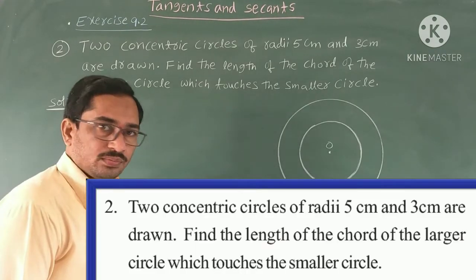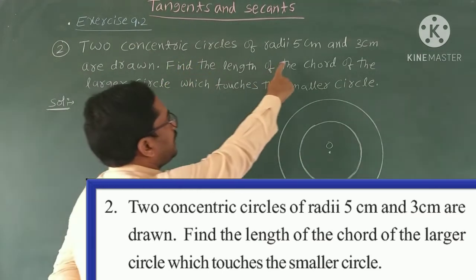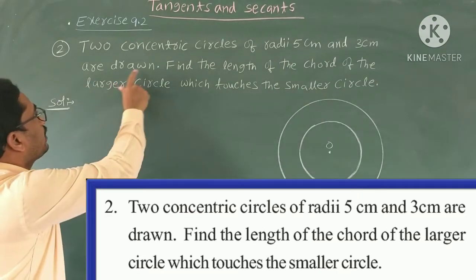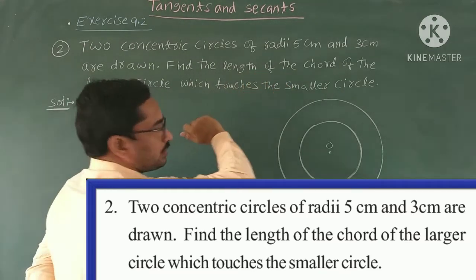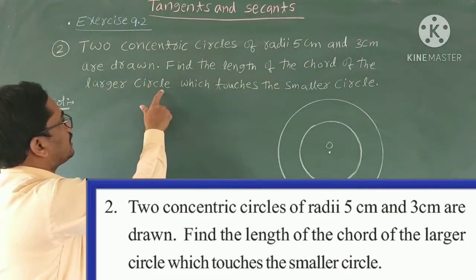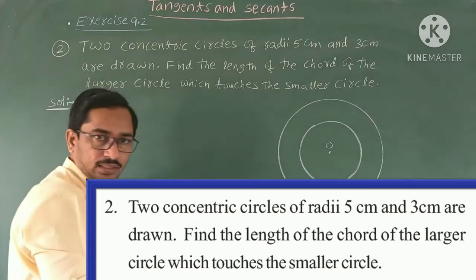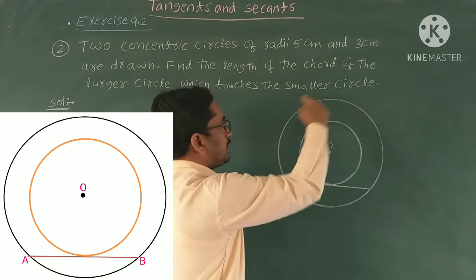Now, second problem. Two concentric circles of radii 5 cm and 3 cm are drawn. Find the length of the chord of the larger circle which touches the smaller circle. See in the diagram, these are the two concentric circles.